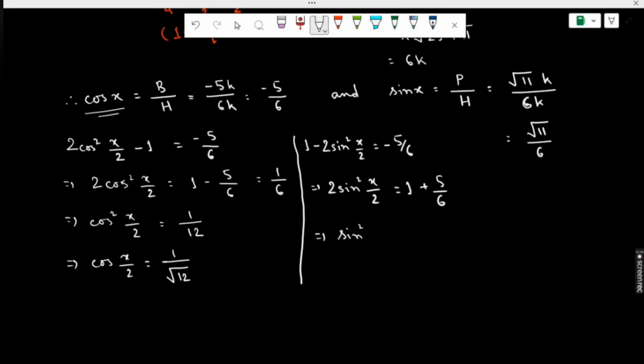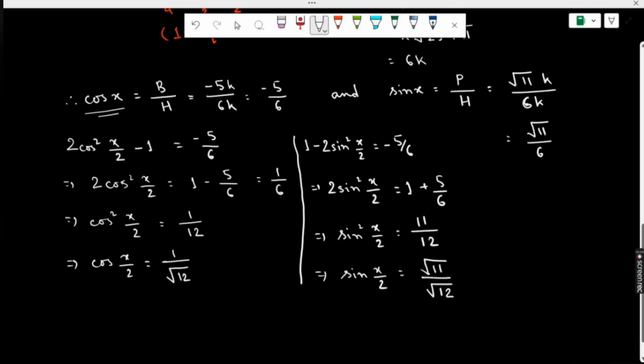This implies sin square x by 2 is equal to 11 by 12, and sin is also positive because x by 2 is in the first quadrant. So it will be positive root 11 by root 12. And I will say you to remember this for the second way.